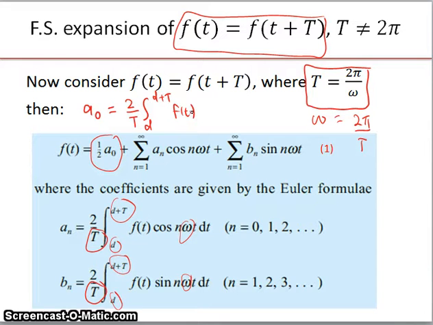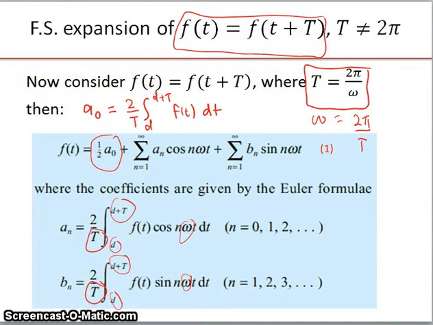So cos 0 is 1, and then there is no need to multiply with this value, so we only have f(t) dt. Okay, so this is how we can find the a naught. But for the rest, we need to use this formula.